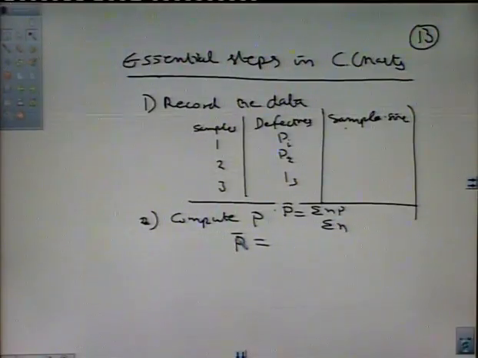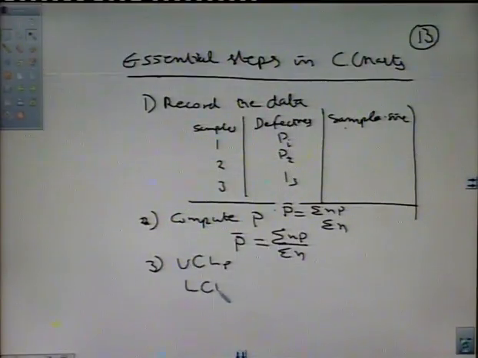So P bar will be sigma NP divided by sigma N. Then the third is we determine the upper control limit and then the lower control limit, and then the last step is we plot the points on the control chart.